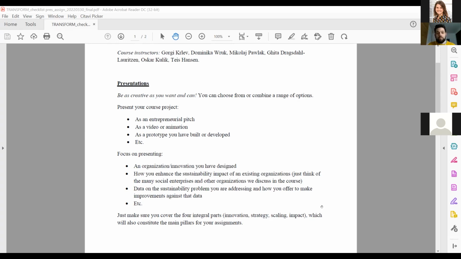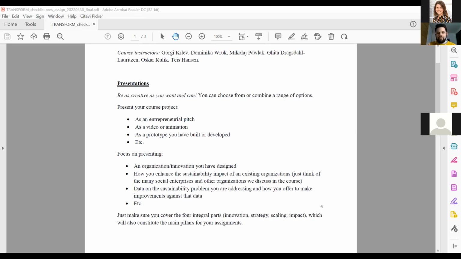The third option that I just put on here is that you could have more of a quantitative focus, really crunching some of the data in relation to the sustainability problem, to really understand where the problem comes from and what the problem actually is, and then also showing, maybe in some kind of simulation or whatever you come up with, how your course project and innovation would be an effective response to that.